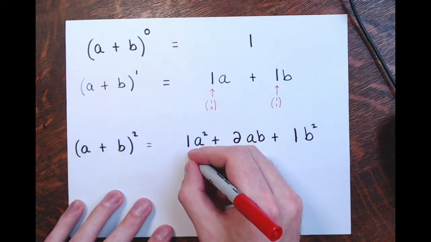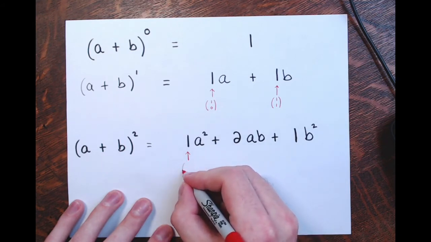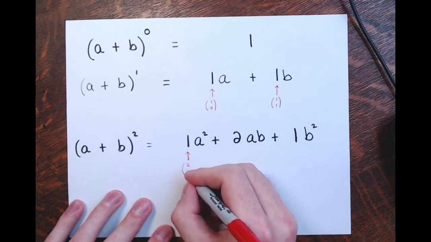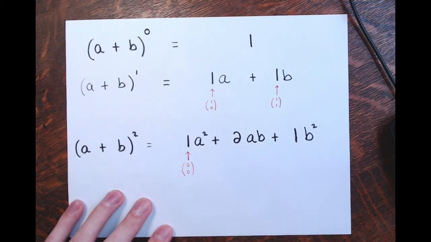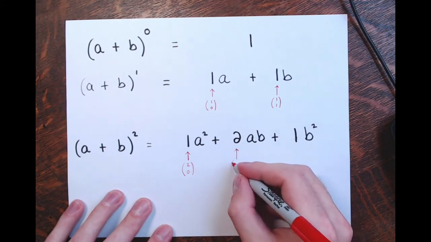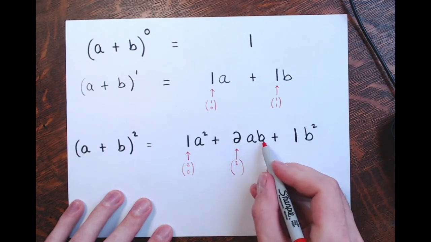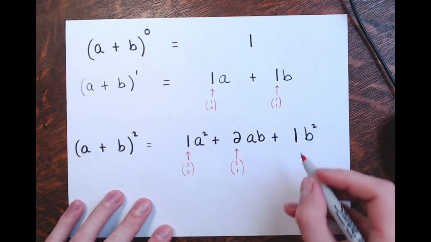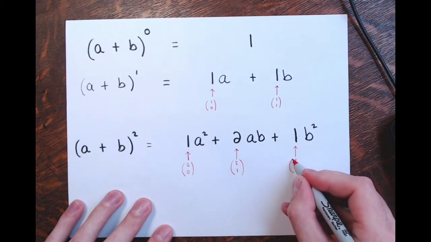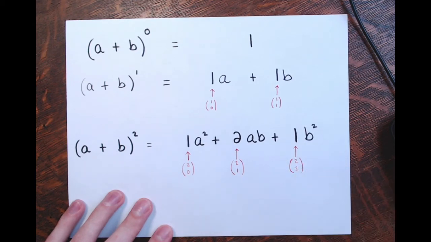So this first number, the 1 on the A squared, you could think of as, I'm forming a string of length 2, and I choose no B's, 2 choose 0. For the next term, I'm forming a string of length 2, and I choose 1 B, 2 choose 1. And for this last term, I'm forming a string of length 2, and I choose both of them to be B, 2 choose 2.